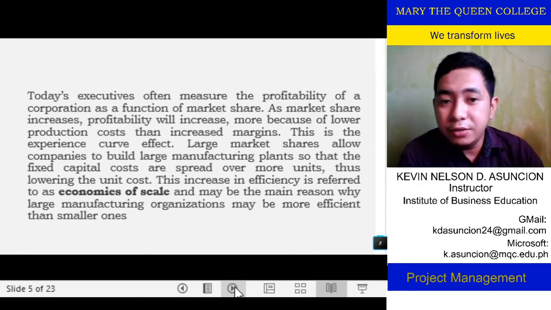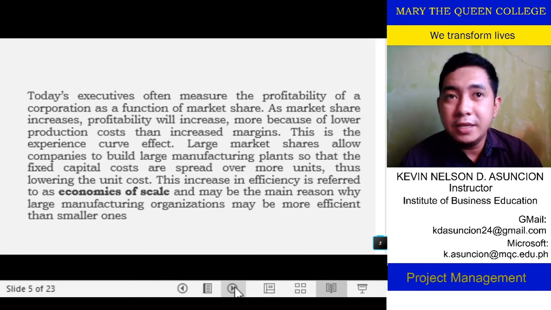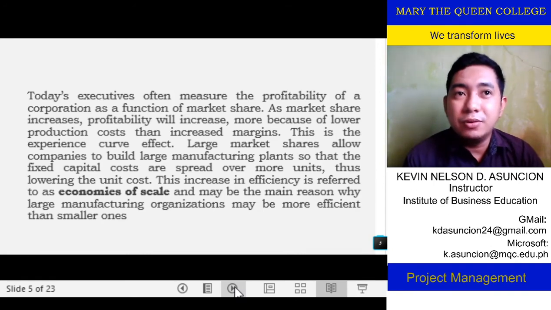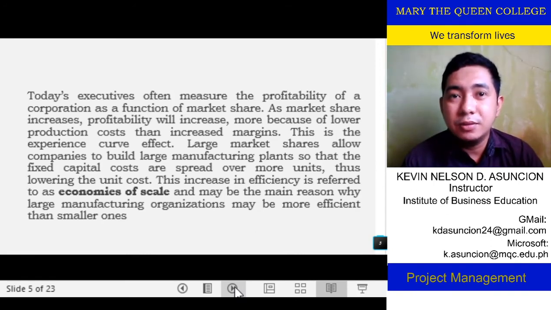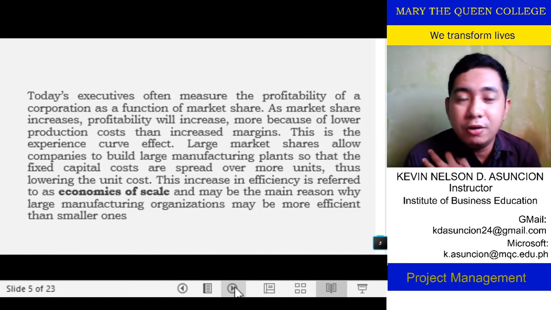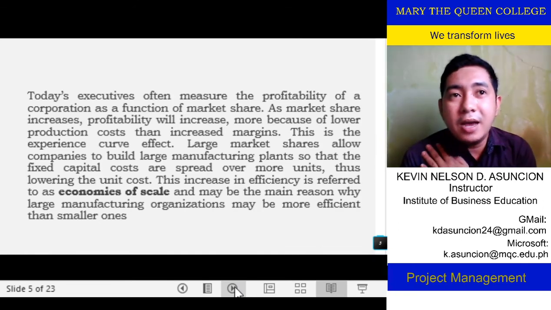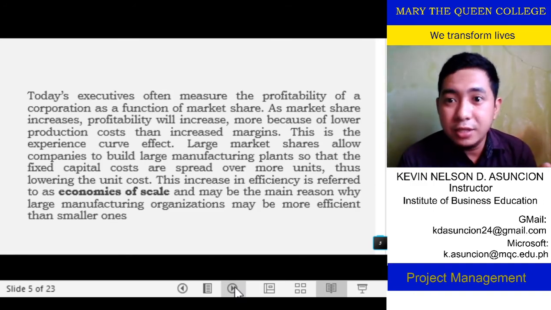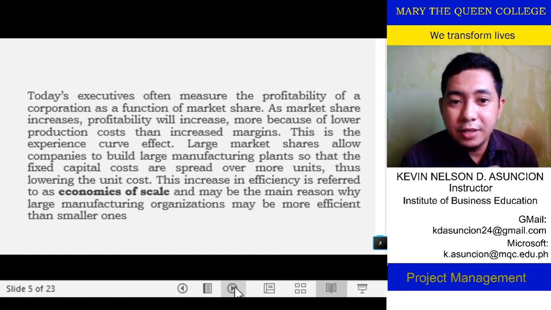By lowering the unit cost or the production cost, 'di ba? Ang ibig sabihin ng profit is revenues minus expenses. So kung dumami yung revenues mo at konti yung expenses, or variable yan, sumama expenses, malaki pa rin yung kita mo. But the profitability margin also talks about kung ikaw ay kahit hindi tumaas yung revenue mo, as long as nabawasan yung expenses mo, that's also tantamount to profitability. And you need to study that, no? So nakadepende yan. So take a look at that in the presentation.